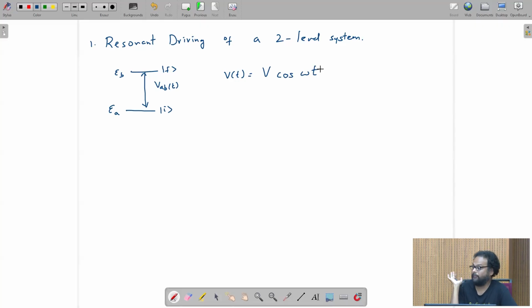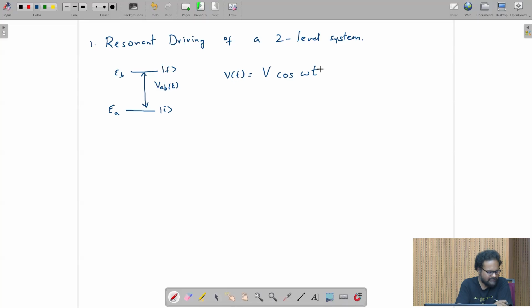I didn't say anything about light-matter interaction so far. It's some time-dependent potential driving, a resonant driving. The potential that I have just written is not that different from what is expected of an electromagnetic wave, so it has roots in light-matter interaction, although I didn't explicitly spell it out.